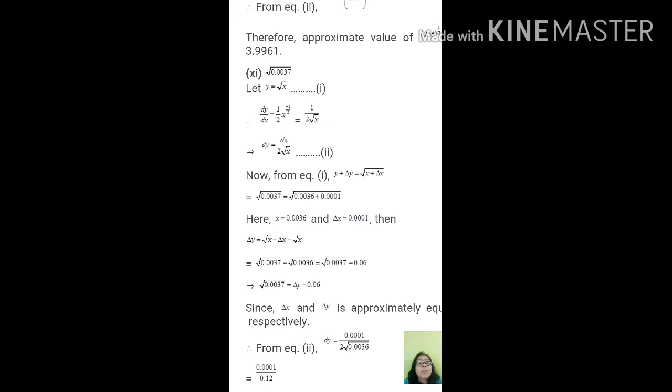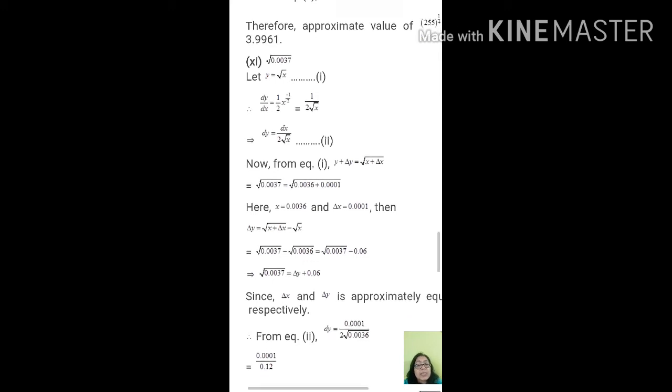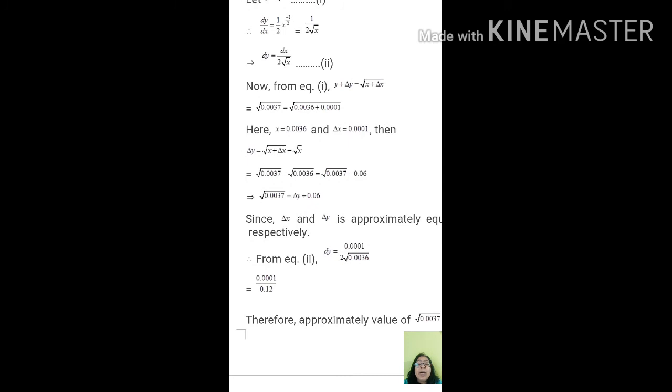So y is equal to 0.06, so y plus delta y is equal to under root 0.0037. Now dy or delta y we can write as delta x, that is 0.0001, by 2 into root x.